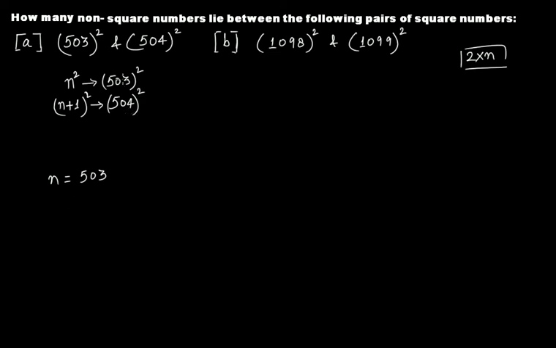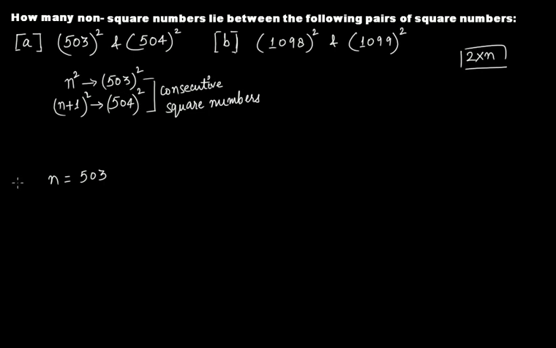Now you have two consecutive square numbers, and you have to tell all the non-square numbers that come between them.